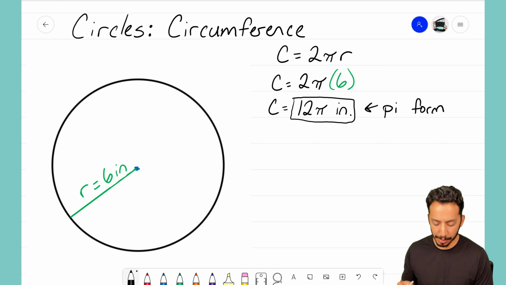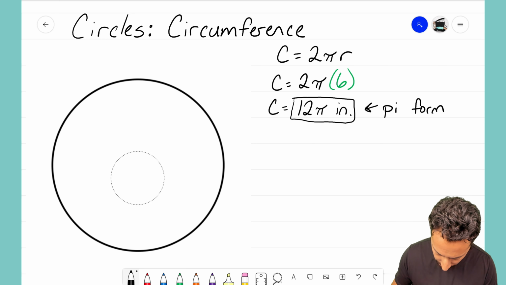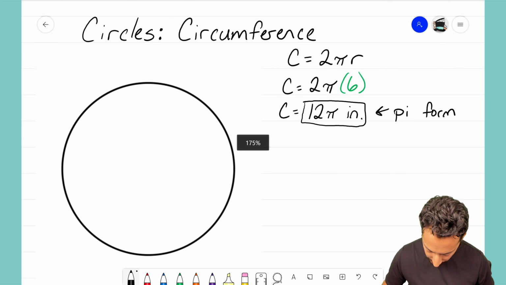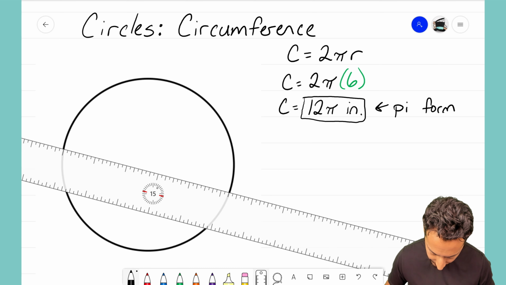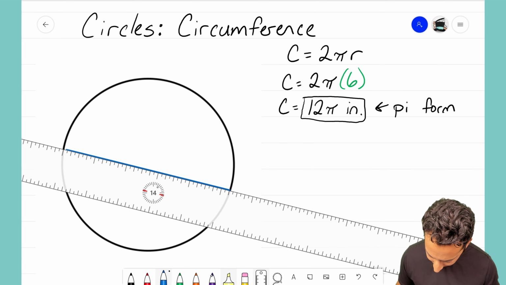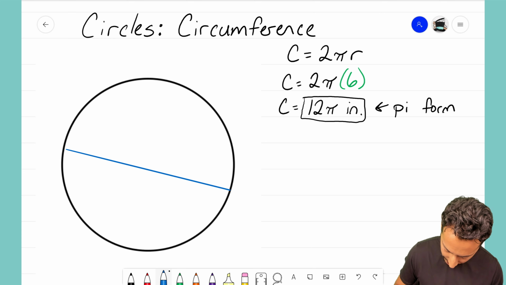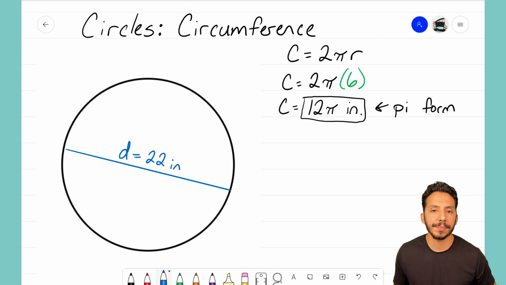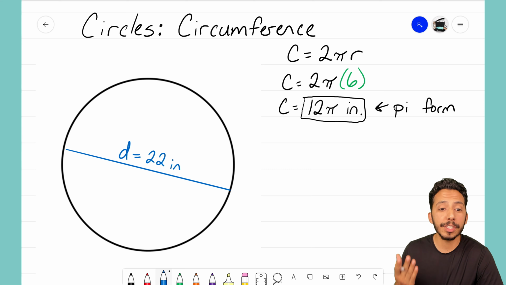Now, let's try another example. Let's say that instead of knowing the radius, I'm given the diameter of this circle. And let's say I'm given that the diameter is 22 inches. So I want to find the circumference.